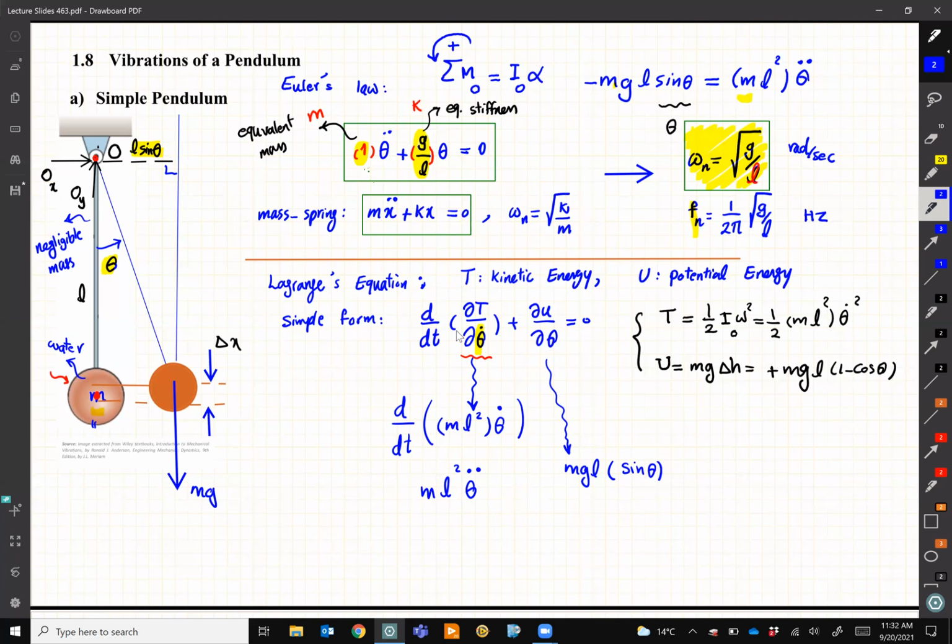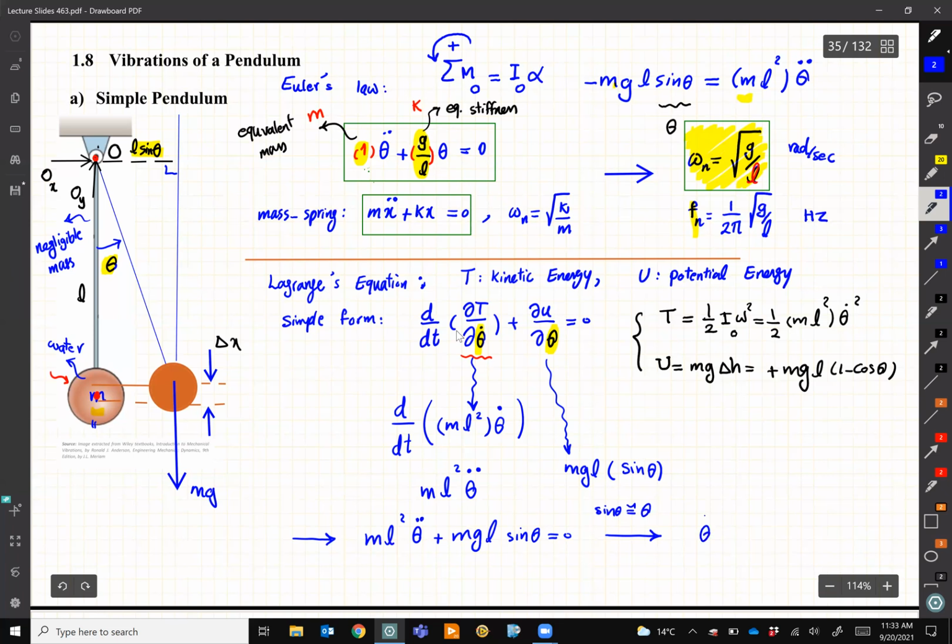Because it's a negative, it's going to be positive. Again, do not get confused: we do not take the derivative with respect to time here, since we don't have any theta dot. We are taking the derivative of cosine theta with respect to theta. So put them together: m L squared theta double dot plus m g L sine theta equal to 0. Now I'm allowed to replace sine theta with theta and simplify everything, so we will get the same result.